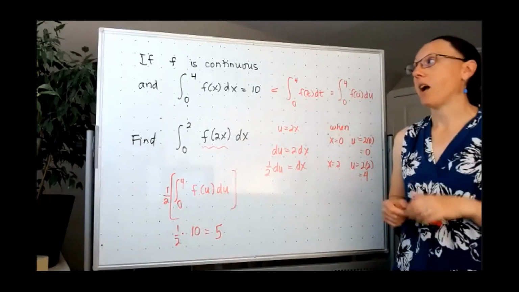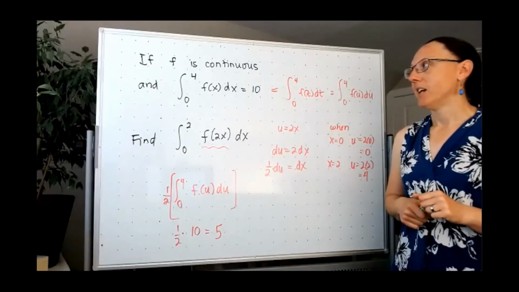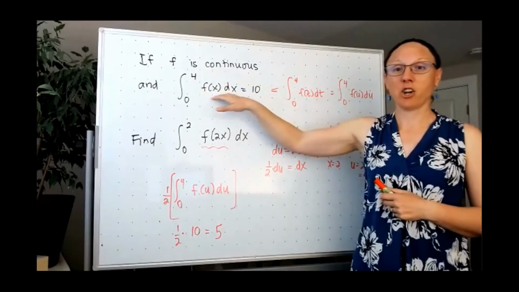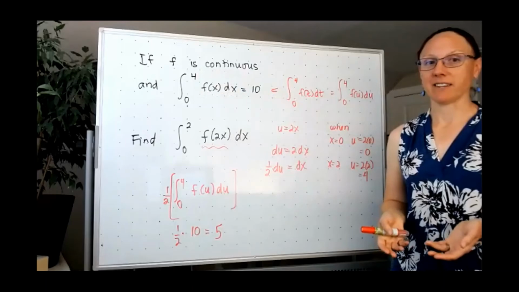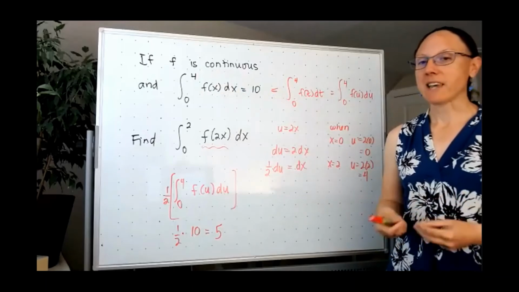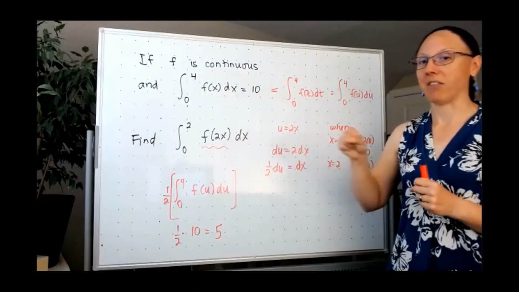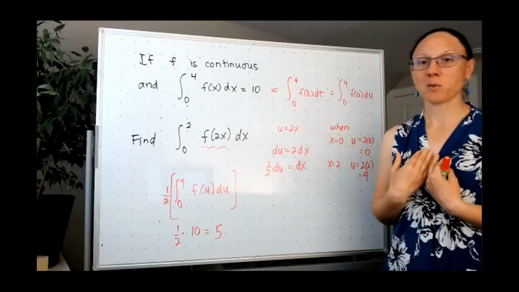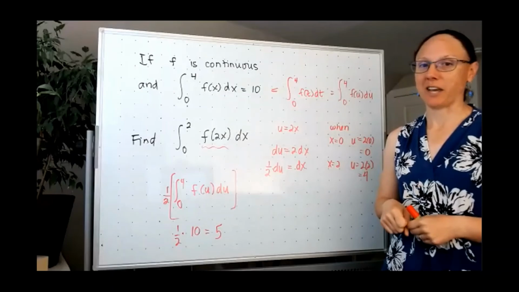Yeah, so if you explicitly know what the function is and you're going to take the antiderivative of it, you always have the option to plug back in the values at the end. That isn't the way that I do the problems, but you have the option to do that.